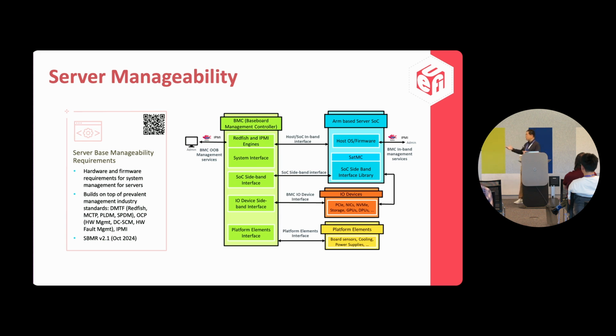So we also have a very good specification now covering the BMC side of the story. And we developed the ACS for this as well. That's why we now can put the SBMR compliance into the system-ready testing.